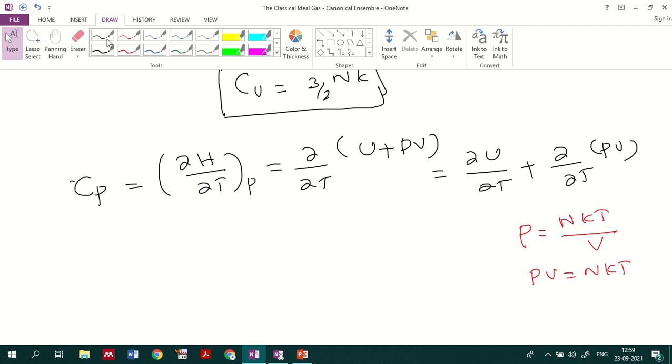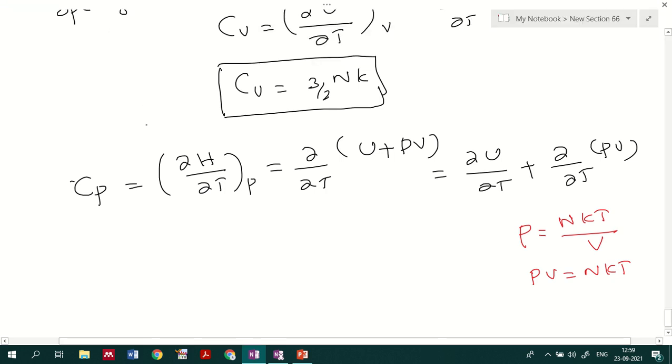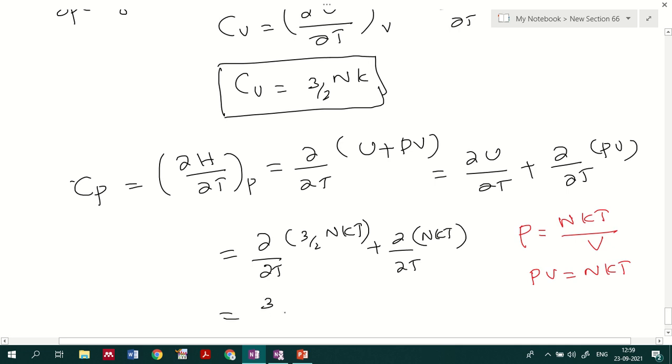Okay, so when you substitute that in the equation, let me just do that. You already know what U is. U is ∂/∂T of 3 by 2 nkT plus ∂/∂T of PV, which means nkT. So you will be getting 3 by 2 nk plus nk.